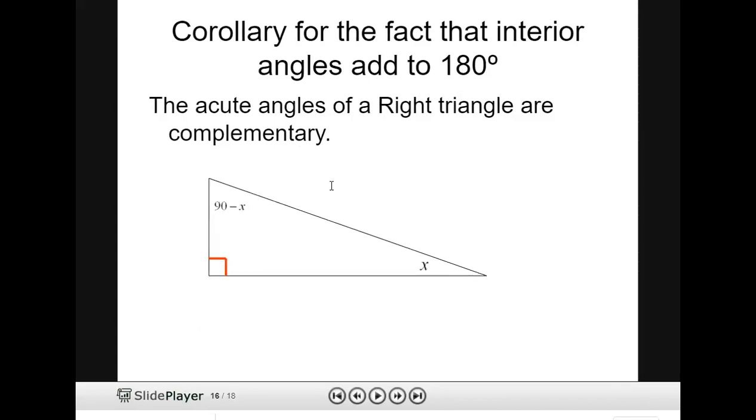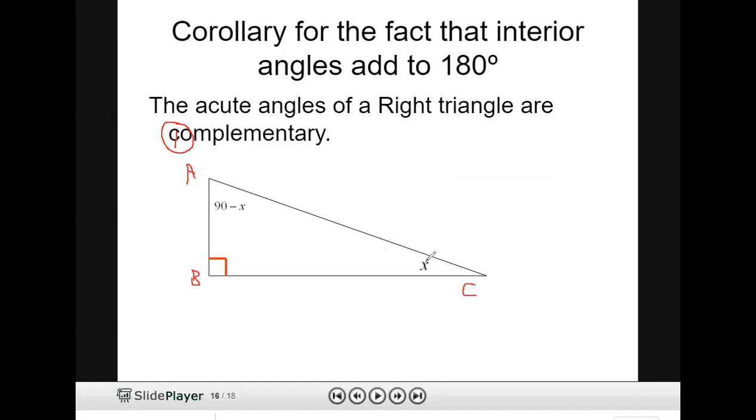Then if I want to find the value of x in this question, we can say that the sum of those two angles, if I write this one as A and this one as B and the third angle as C, and don't forget that complementary means 90 degrees.